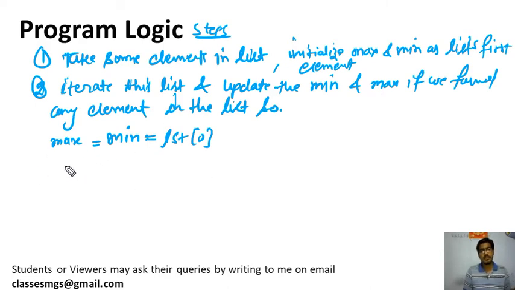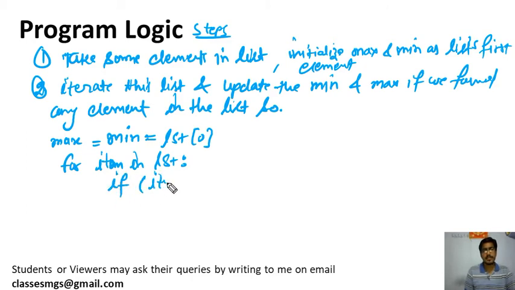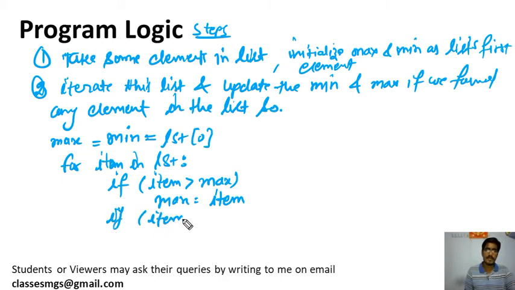Now you will iterate the for loop, for item in lst, and then you will check if the item that you are iterating is greater than the maximum element, then you will update the current maximum item, and if the item is less than the minimum element that we have assumed, then we will update the minimum value with this particular item.